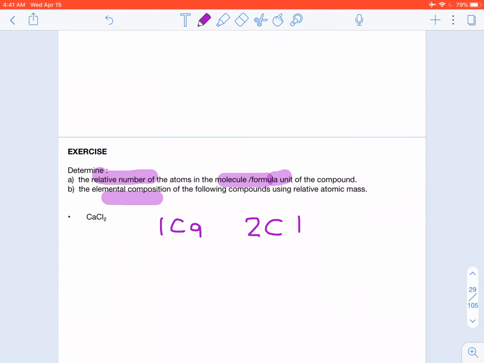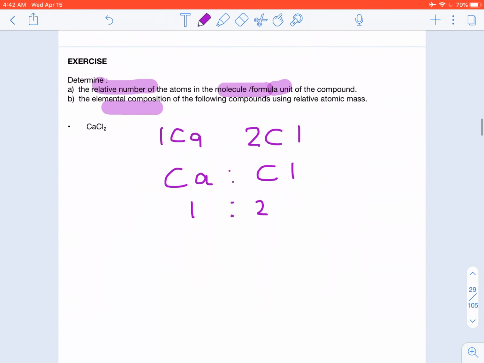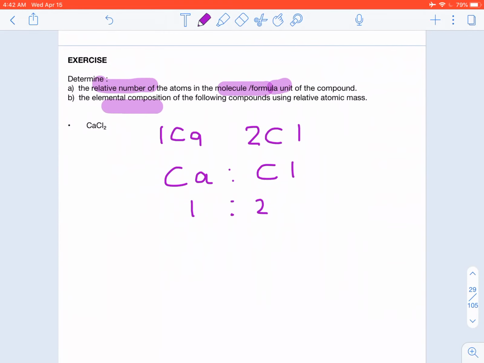So the ratio of Ca to Cl is 1:2. And that will always be the case for calcium chloride. There will always be one calcium and two chloride atoms in a formula unit of calcium chloride. Let's look at the elemental composition of calcium chloride.